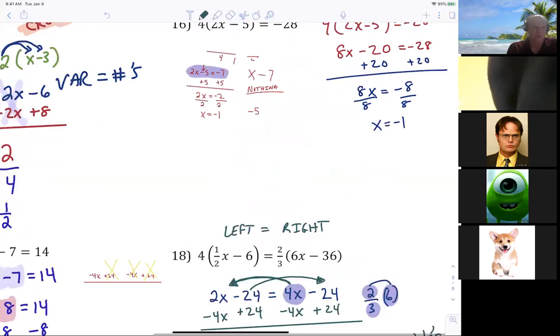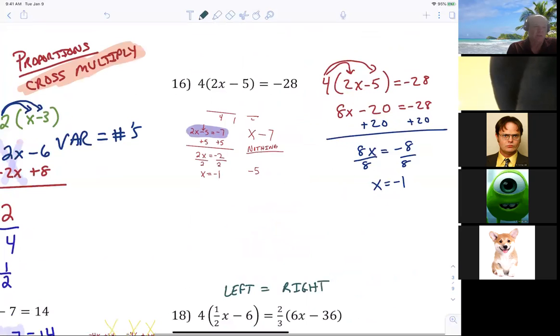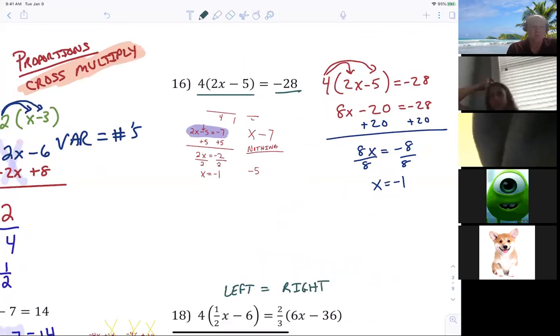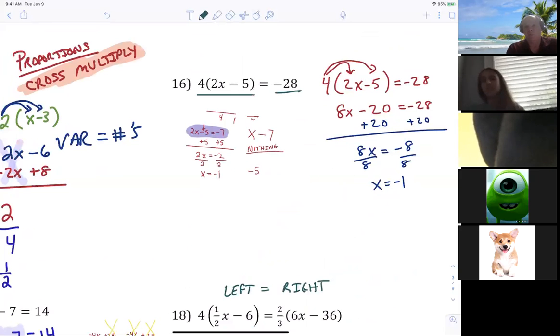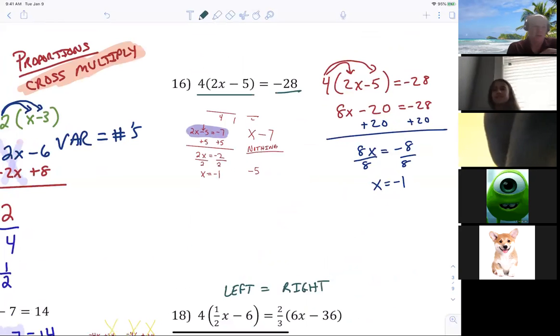Now, for question number 16, when does the left side equal the right side? No, not always for number 16. Say it, Michaela. When the variable is -1. Yay, exactly. Now you understand me. If x equals -1, the left side is equal to the right side.